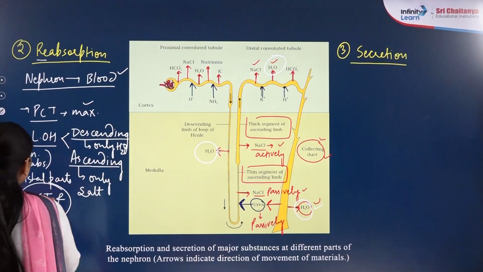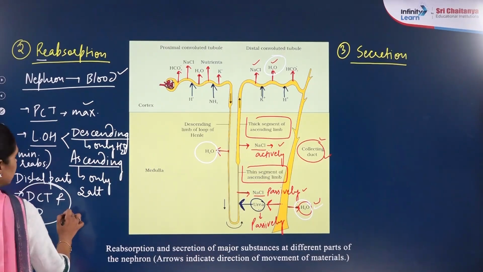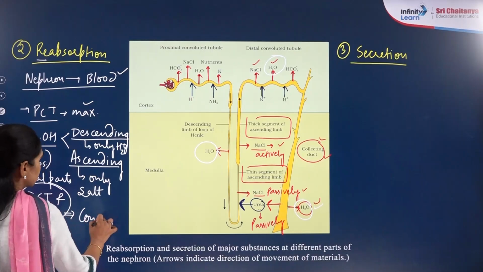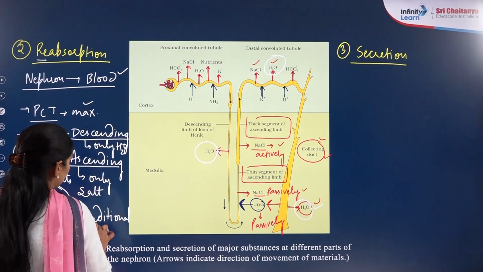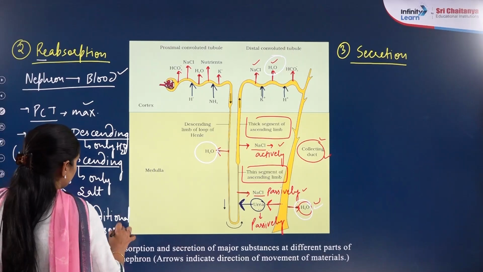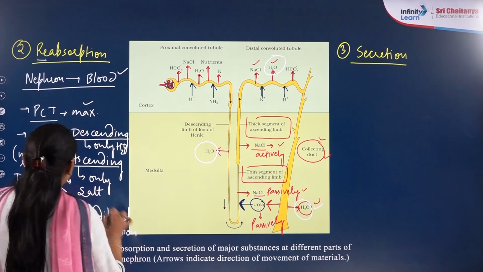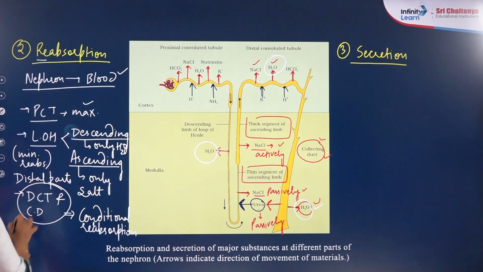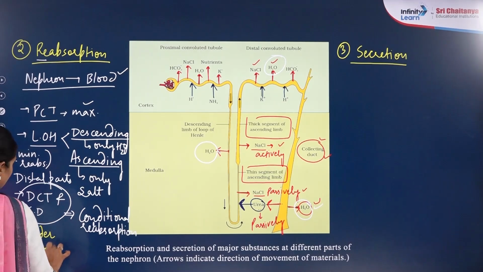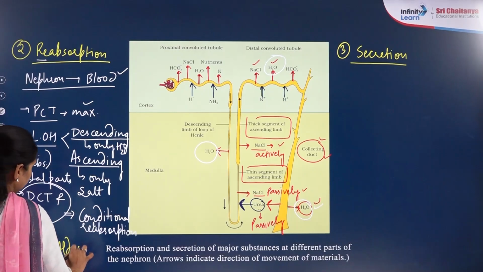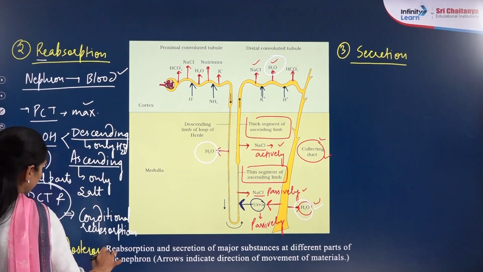So always remember, distal parts, DCT and CD, show conditional reabsorption. Under which condition? Under the influence of ADH and aldosterone. ADH is also known as vasopressin.